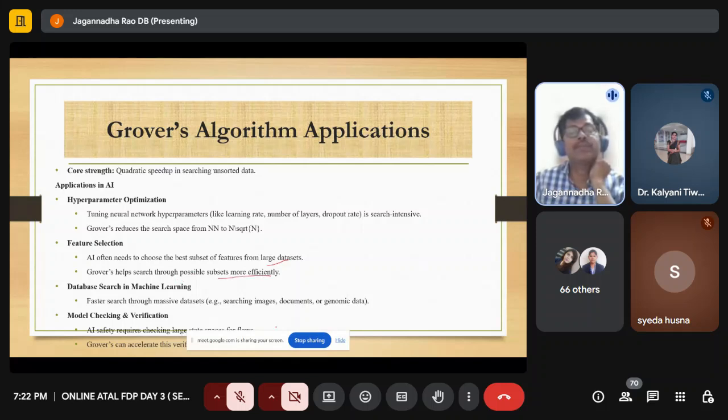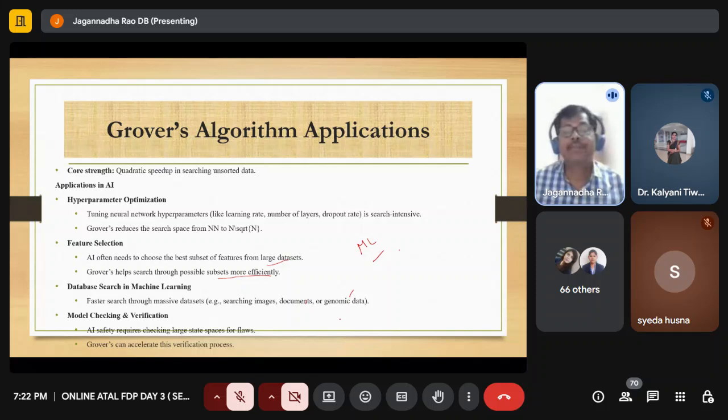Database search in machine learning: faster search through massive data sets, search images, documents. And model checking verification: AI safety requires checking large state spaces for flaws. Grover can accelerate this verification process. Grover's algorithm can easily do the verification.